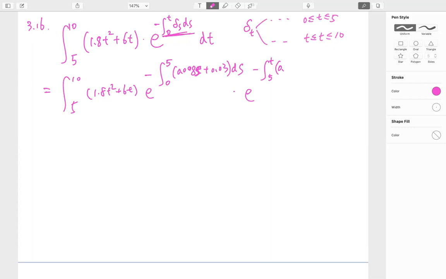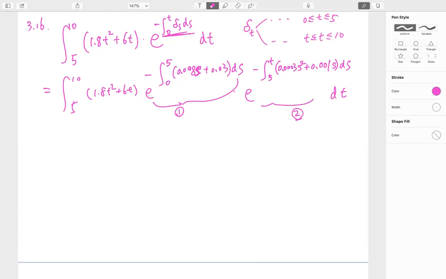There are 3 additional zeros. s squared plus 0.001 s ds. So this part is not constant, but it has nothing to do with t, right? So let's call this 1, call this 2.